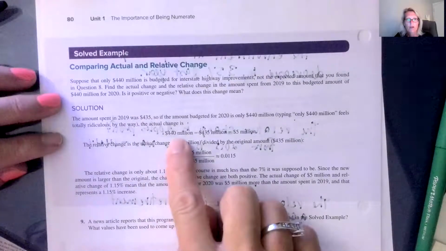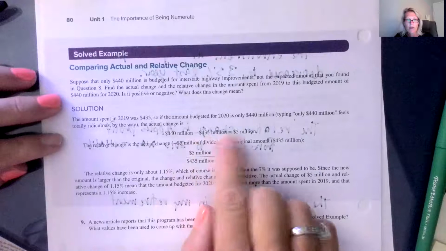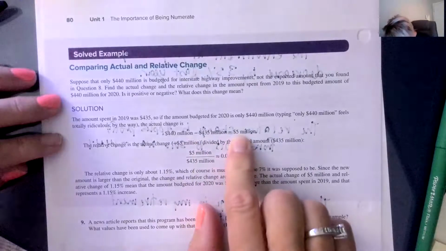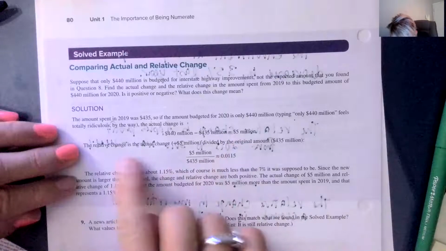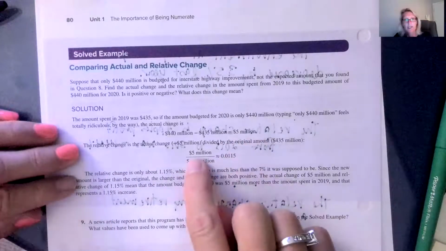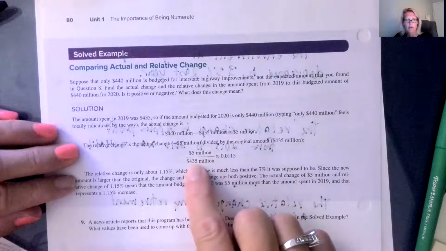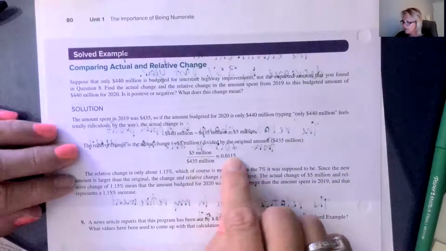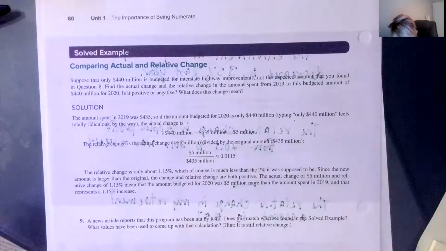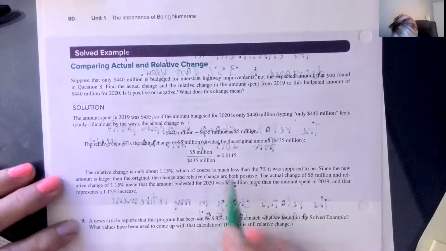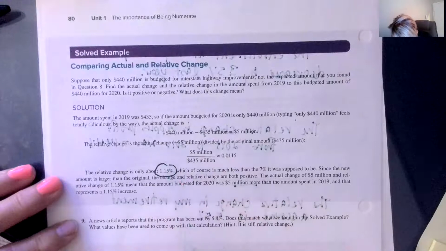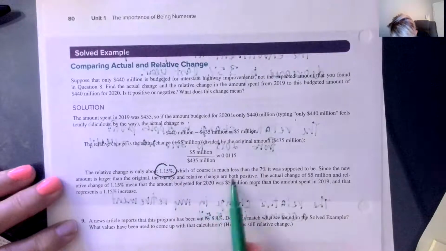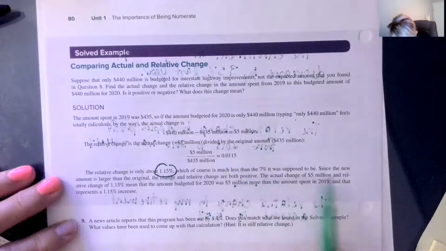So we're going to take 440 million, subtract the 435, and that means we spent 5 million more. The relative change means that we're going to take the change, which is 5 million, out of the original 435 million. And so our increase was 0.0115, which is really an increase of 1.15%, which of course is much less than the 7% it was supposed to be.